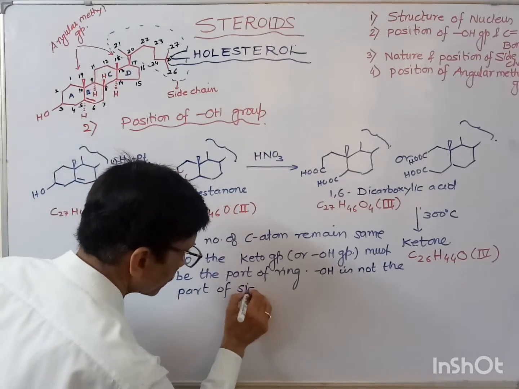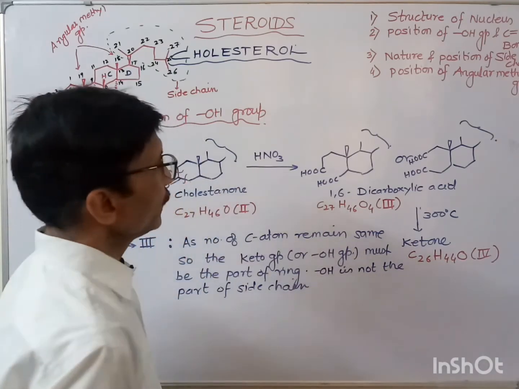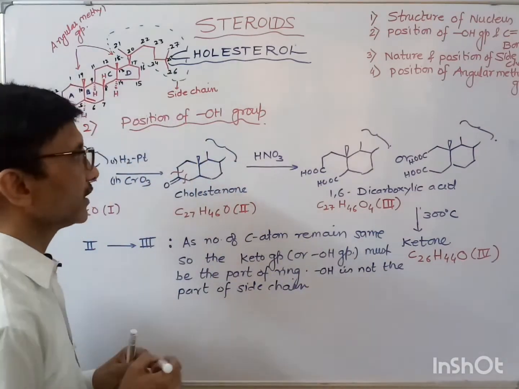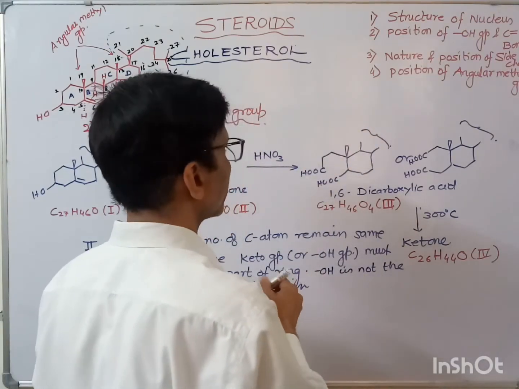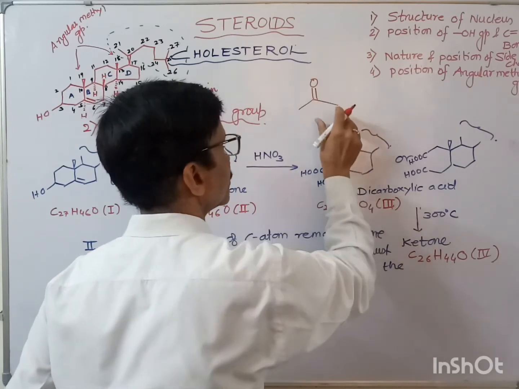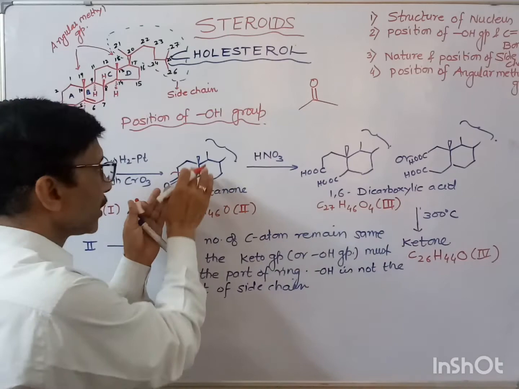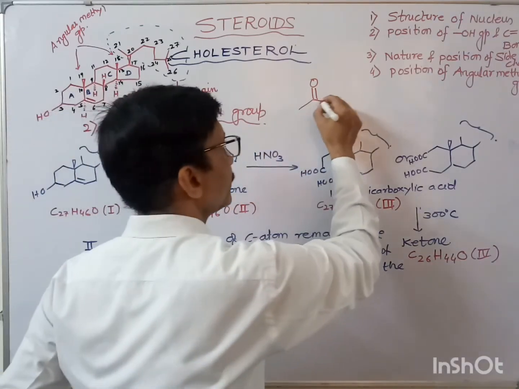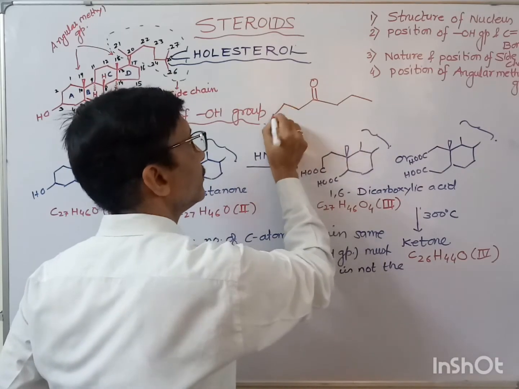Suppose it is part of the side chain, then what will happen? Suppose OH or keto is part of the side chain, so this is an open chain, not the closed one. Here the keto is part of the ring. Now suppose keto is not in the ring, it is an open chain, then what may we conclude?